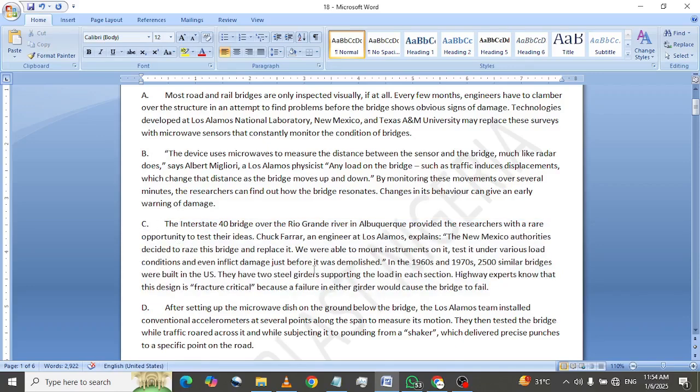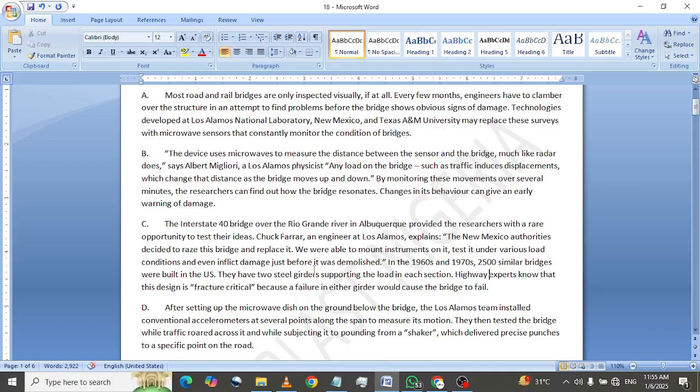The Interstate 40 bridges over the Rio Grande River in Albuquerque provide the researcher with a rare opportunity to test their idea. Chuck Farah, an engineer at Los Alamos, explained the New Mexico Authority decided to raise this bridge and replace it.